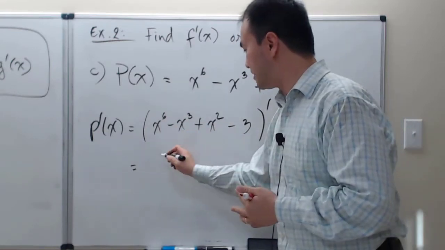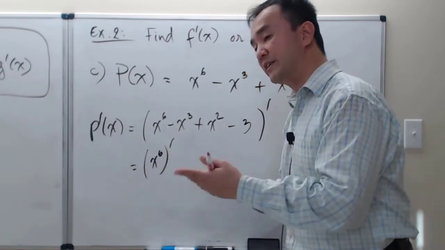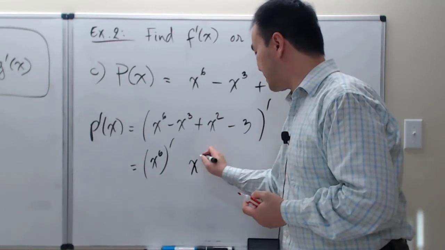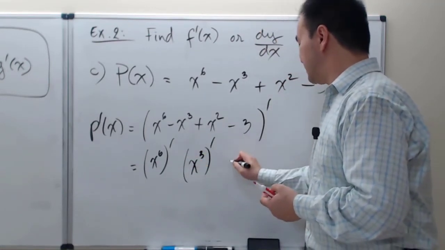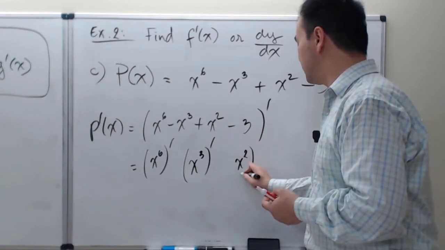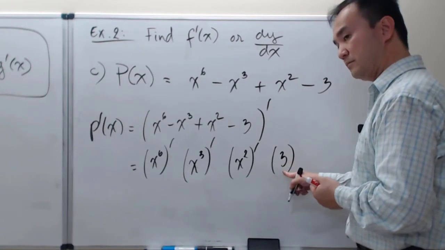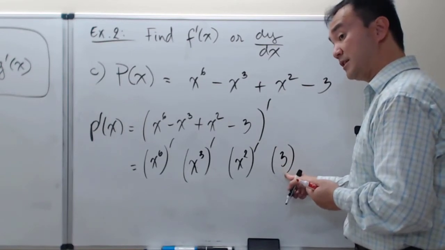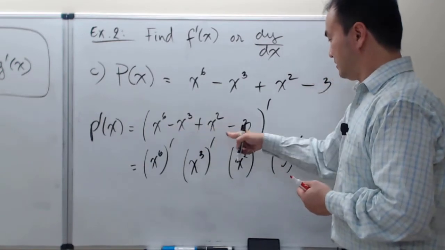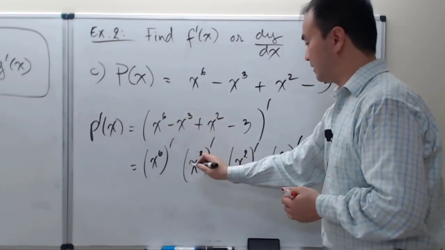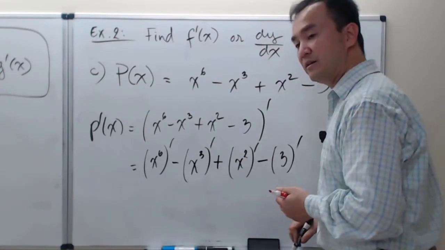Okay, so we're going to find a separate derivative for the first term, another separate derivative for the middle term, the second term actually, and x squared gets another derivative, and 3. Remind yourself, it's a constant. Take the derivative, and these signs right here are going to appear as they started out in the beginning.